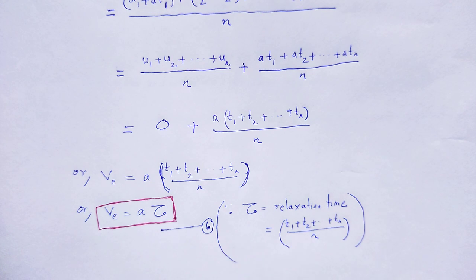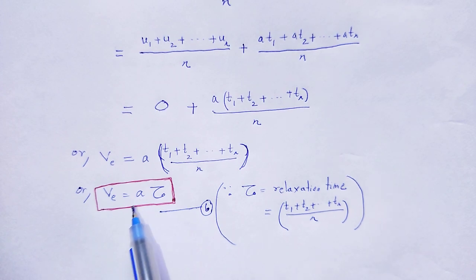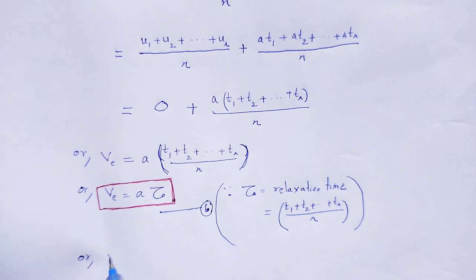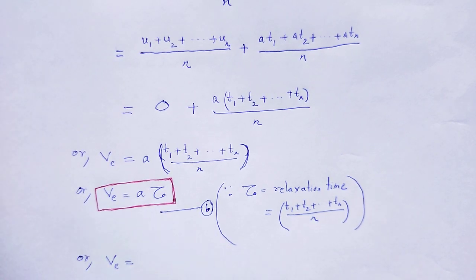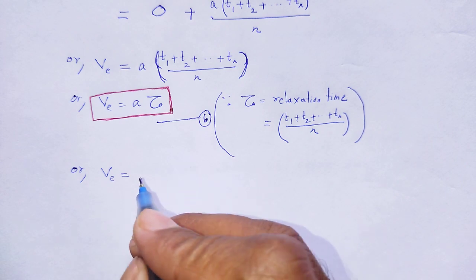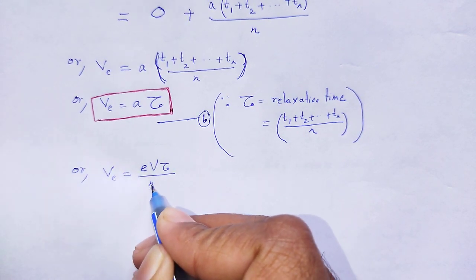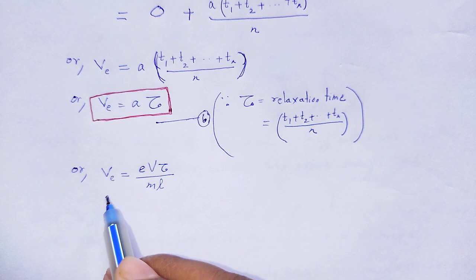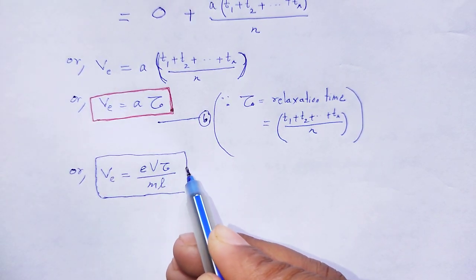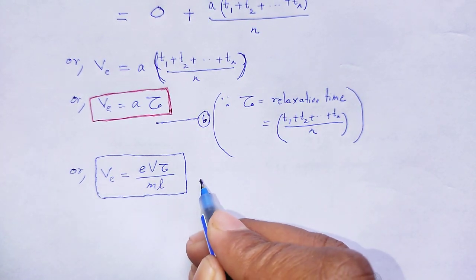The drift velocity of free electrons: if we put the value of acceleration in V_E, the value of acceleration eE by m, that expression changes to eE tau by m.